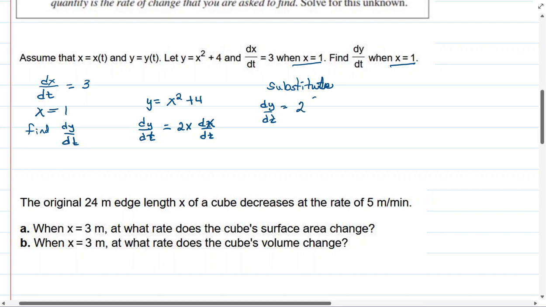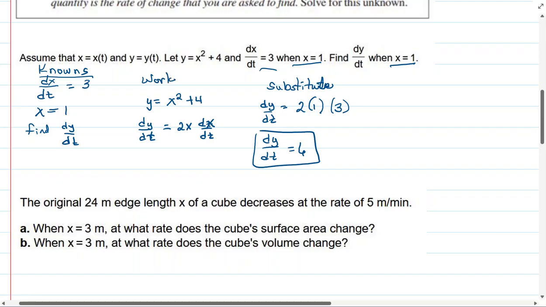And this is 2 times the 1 for x times the change in x, which is 3. I listed knowns. It was the equation, which was what they were talking about. And all we're going to be doing is derivatives. Then I substituted what was known.